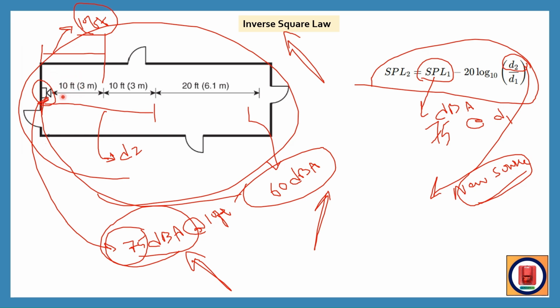So D2 will be 20 feet as you can see on your screen. So D1 will be 10 feet. D2 will be from the source. It should be double. So 10 into 2, it will be 20 feet. So D2 will be 20 feet. In next slide, I am going to find out what exactly we are going to get if the distance increases from 10 feet to 20 feet.